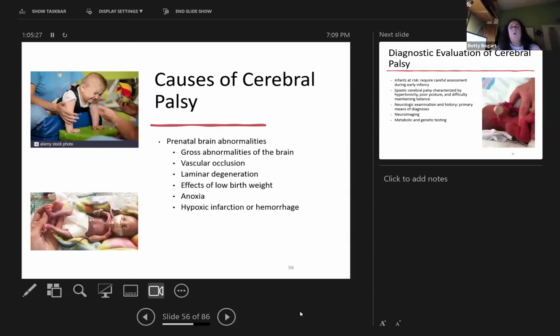Well, it could be because of the brain, the way it was formed. It's not right. Some sort of an occlusion. It could be prematurity. One of the biggest things that I've seen is when a child has had a hypoxic or anoxic episode and they don't get the proper oxygen, and then cerebral palsy. And it could be mild to severe.